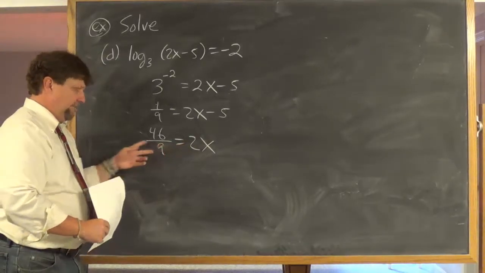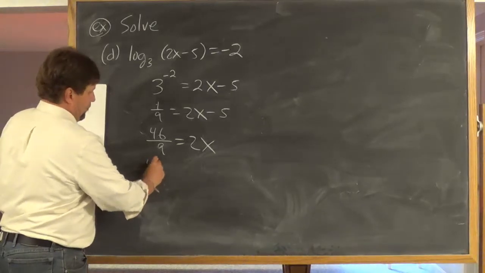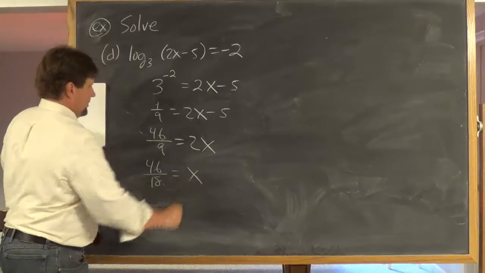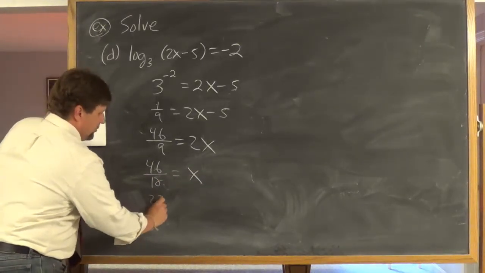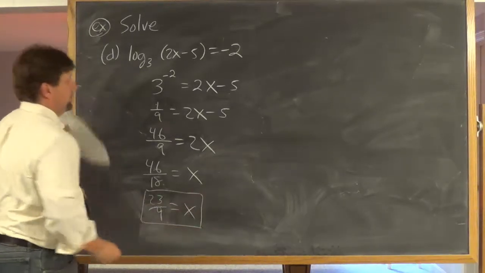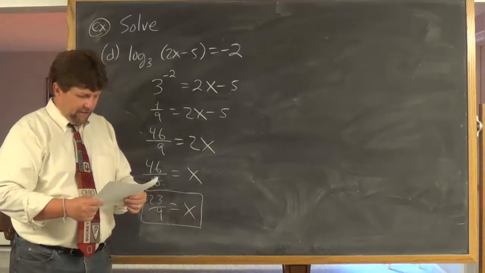Then if we divide both sides by 2, we get 46/18 equals x, and that reduces down to 23/9 equals x. So that equation wasn't too bad. It was actually kind of friendly.